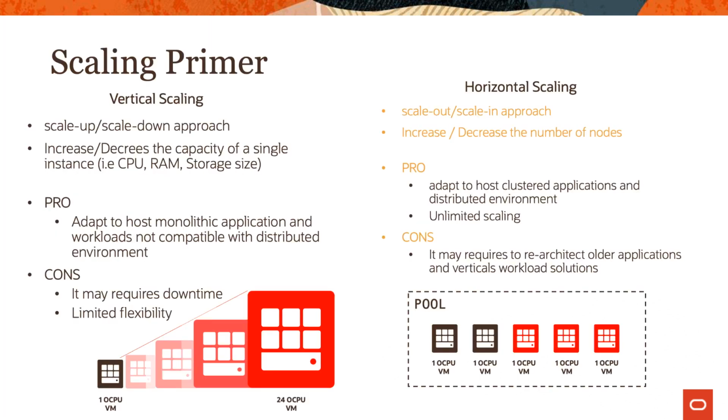The first piece we want to take a look at is scaling primers, and this comes down to vertical scaling and horizontal scaling. The key differences here depend on the application. It's dependent on if you're using a database or an application that can actually scale horizontally.